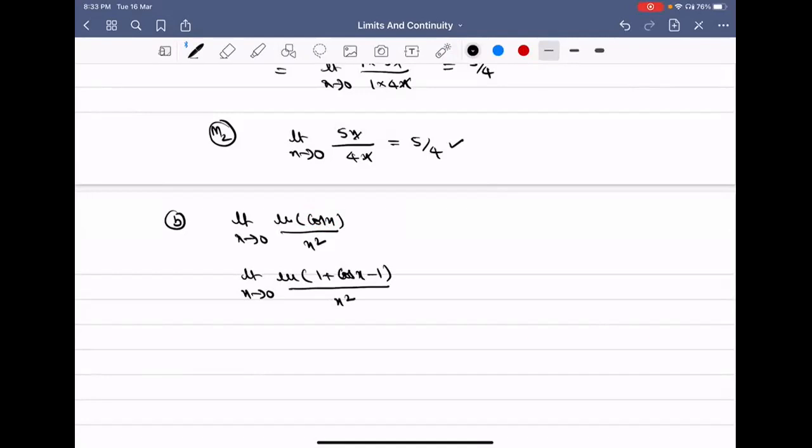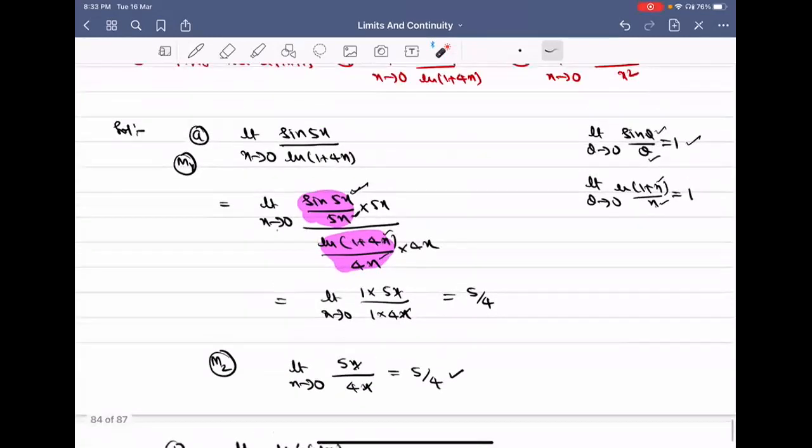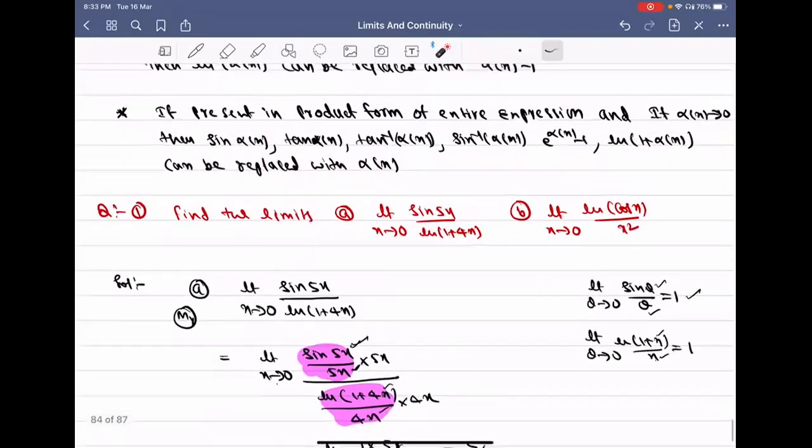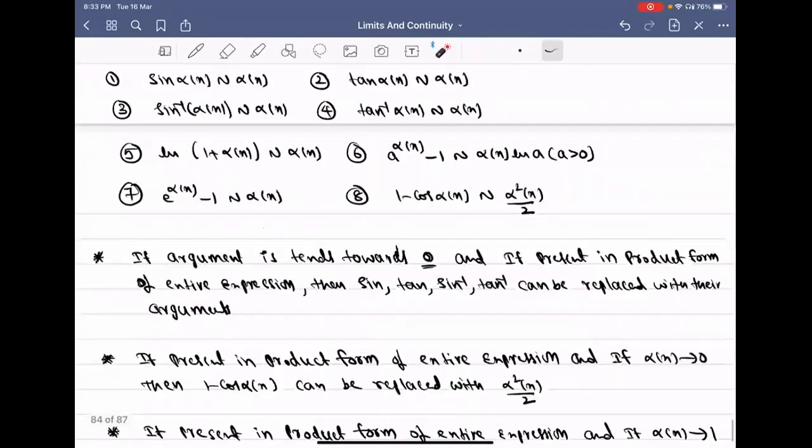Now if you observe this, does this go to 0 or not? As x goes to 0, this tends to 0. Now when this goes to 0, what is the equivalent infinitesimal of ln of 1 plus x? When alpha x goes to 0, ln of 1 plus alpha x is equivalent to alpha x. Now you can replace directly.